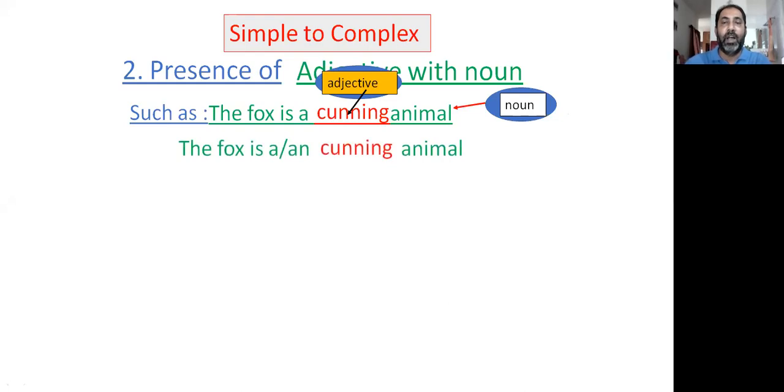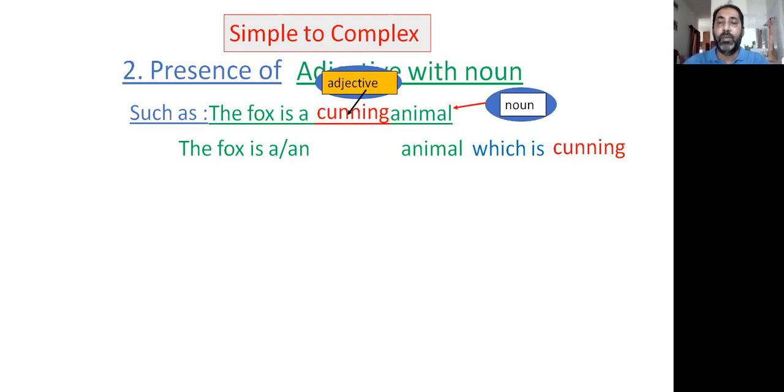Cunning. I am removing cunning from this place to place it in another place, after the noun. The fox is an animal cunning. Now I have added which is before cunning.